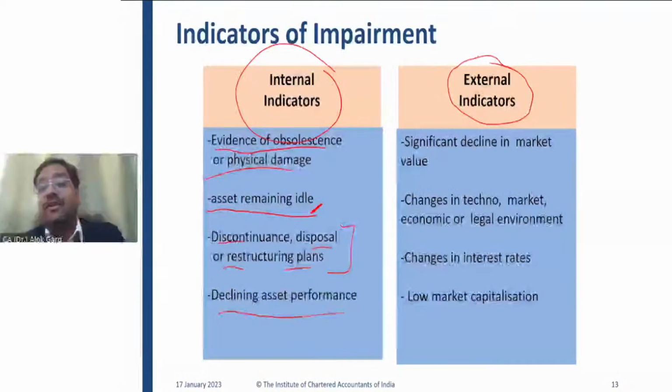What is meant by external indicators? Significant decline in market value. So the asset value has been significantly declined, right? And I will take a real life example of this. 4 years ago or 5 years back, I purchased a Samsung S9 Plus phone.